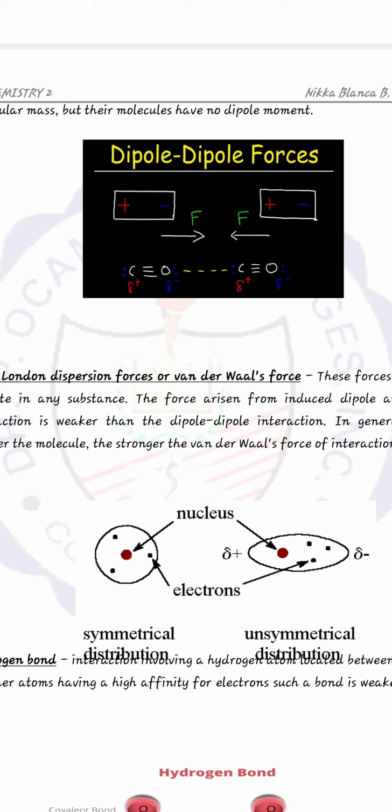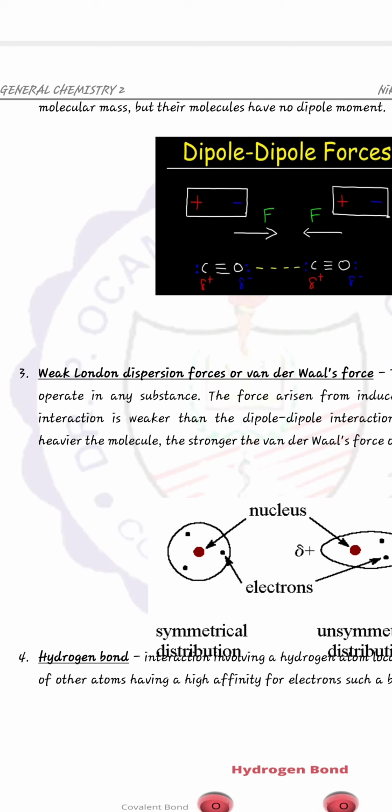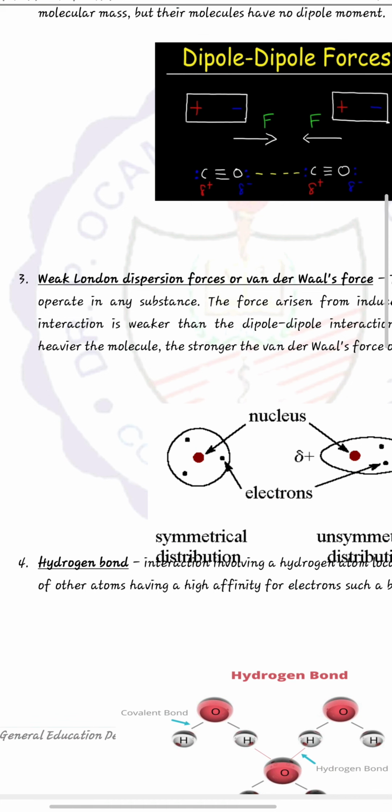That's why it's called weak London dispersion, because of the weaker interaction of both molecules. So it exists also in the asymmetrical and unsymmetrical distribution. So that is the weak London dispersion forces or van der Waals forces.